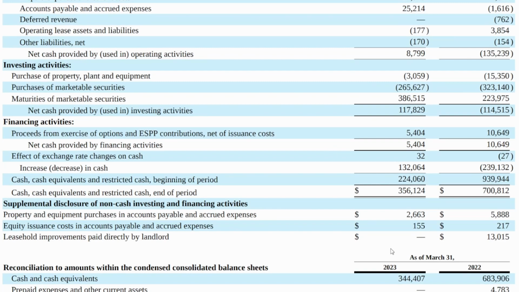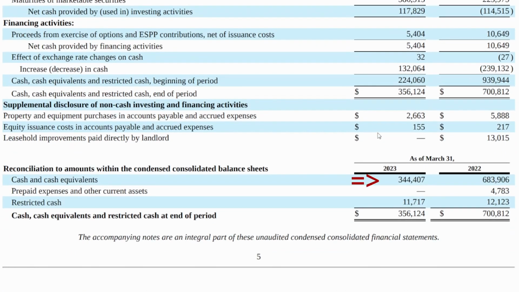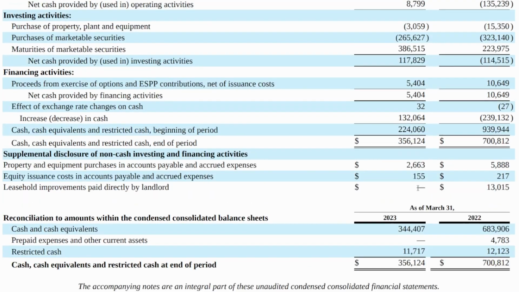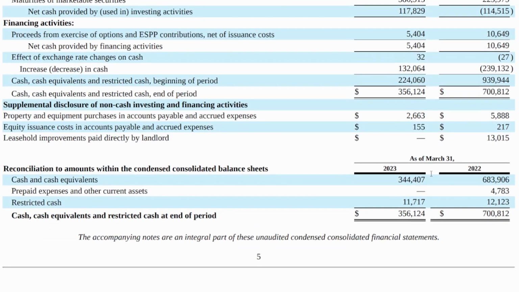Now that we've taken a look at all this fun stuff, we can look down and see that their cash and cash equivalents at the end of the quarter was $344 million. So that's how much cash they have as of March 31st of this year. And this is going to be very important when we go take a look at the balance sheet.